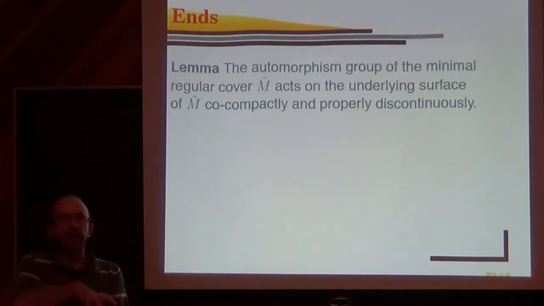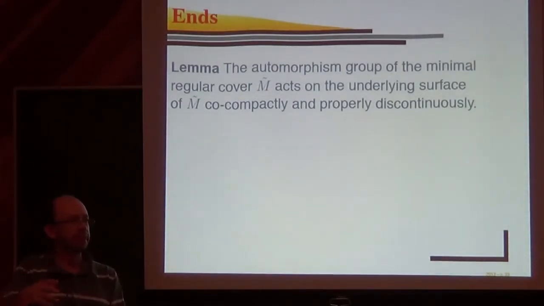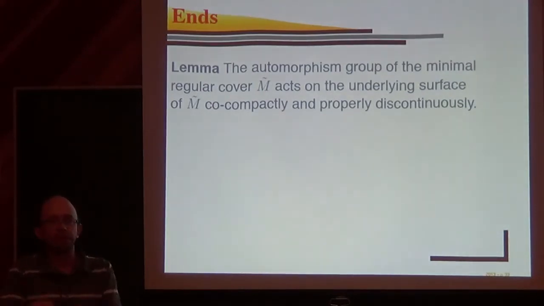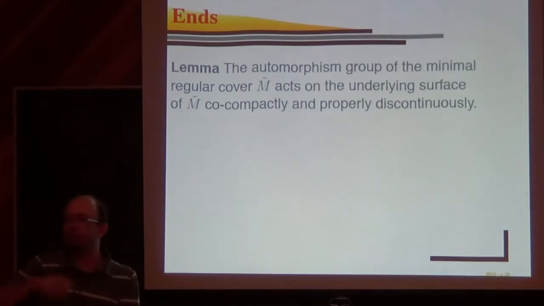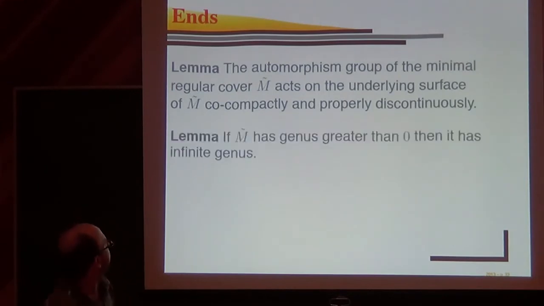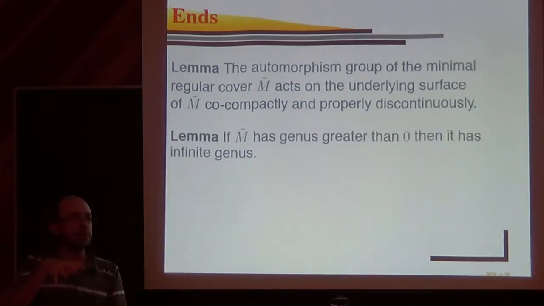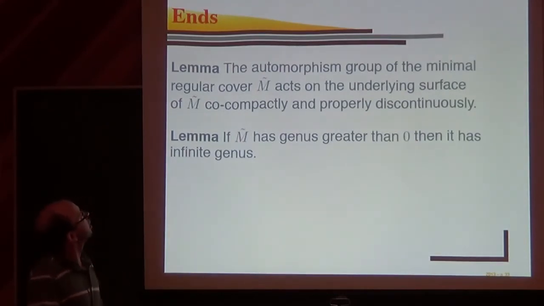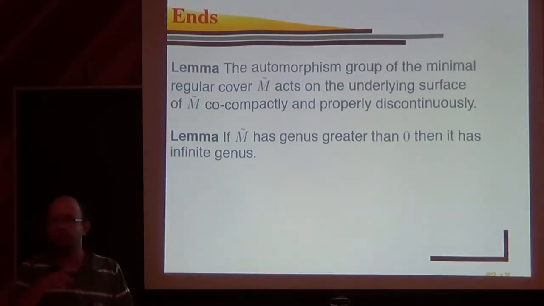So that means that if I have a handle in there, the handle is compact, I can cut it out, and I can move it around because of this co-compact and properly discontinuous action. So it's enough to find one handle to get infinitely many handles in there. By the way, here we are using that we know that it already has one end, right? So it's an infinite surface.